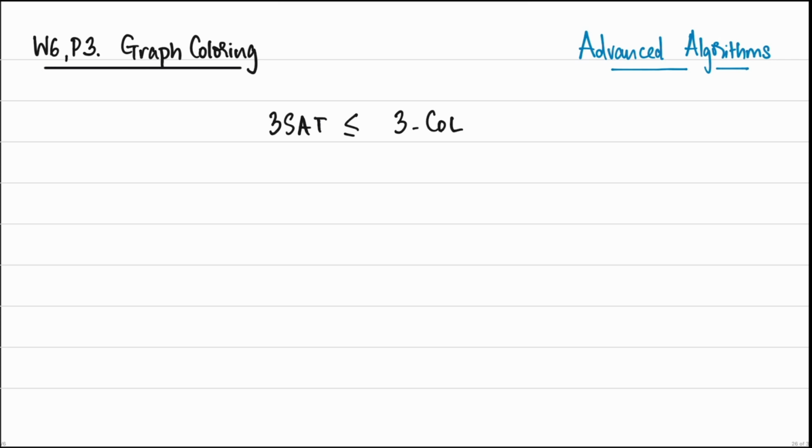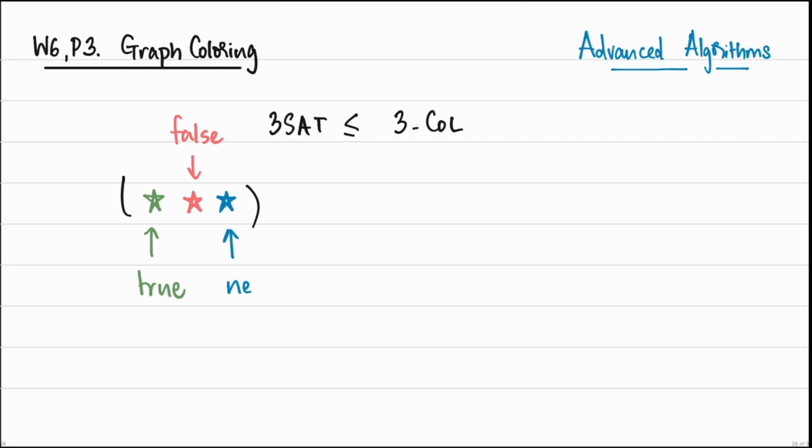And how do we do that? Well, one idea is to just maybe associate some meanings with these colors. So let's say that our color palette is green, red, and blue. And we think of these as true, false, and neutral.